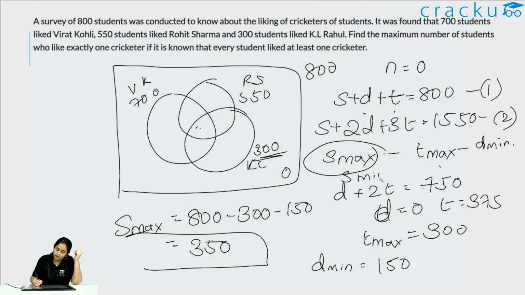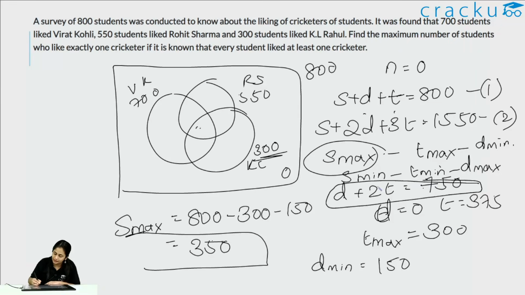S min occurs with T min, which occurs with D max. This is in the scenario when n is equal to 0. When n changes, there are slight constraints to this. One more thing that you have to remember: the values of T max and T min are set not only by the overflow constraint and the linear equations, but also by the actual diagram.